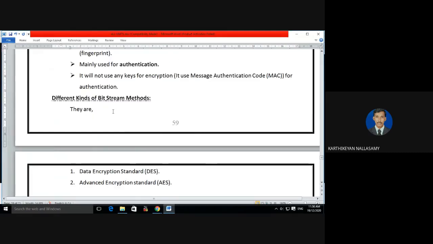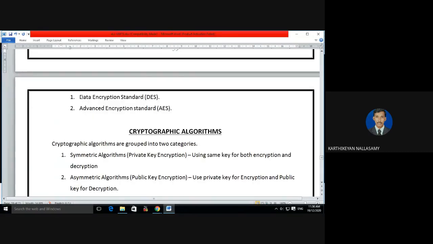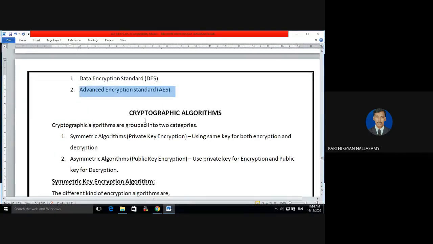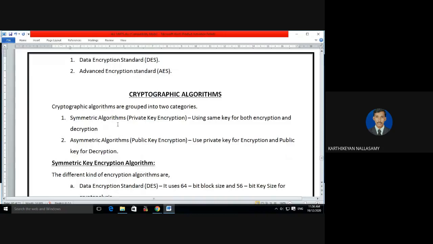And for the bitstream method, we process by bit. We use either DES or maybe AES also. There are different kinds of algorithms: symmetric key algorithms and asymmetric key algorithms. Symmetric means you use the same key in both encryption and decryption, and asymmetric means we use a private key for encryption and a public key for decryption.